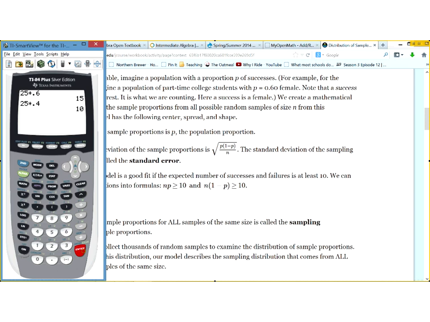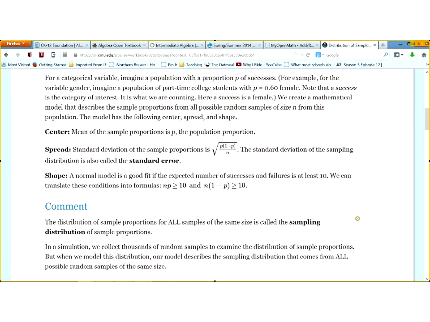Like I said, you really only need to check the smaller of the two to be sure. So in a typical sample of 25, on average there'll be 15 females and 10 males. Those numbers will vary, but that's the long-term average of samples of size 25, if 60% of the population is female.